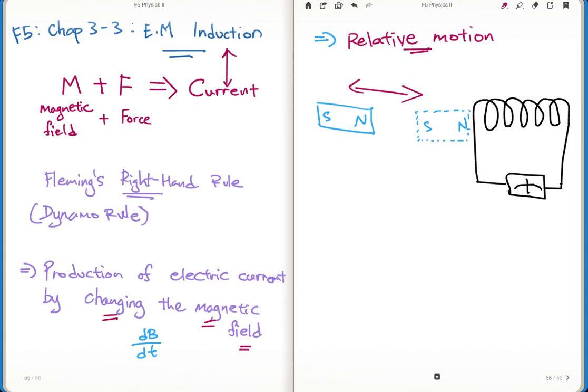Relative motion means the distance between the magnet and the coil changes, meaning the magnetic field felt by this coil increases or decreases over time. Therefore, current will flow in the copper winding.